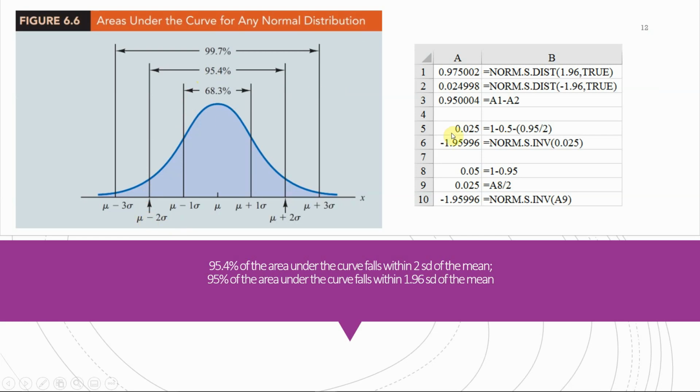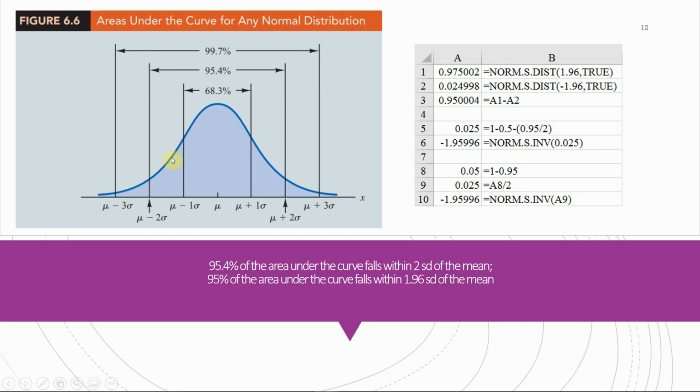We've already learned how to do this in previous chapters, but I'm just reviewing. What we have to do is find out what that p-value is, the probability, that area. What is this area up until this point? Because if we know that, then we can find that z-score. So we can subtract 95%, 0.95, from 1 to get 0.05, this value right here in A8.